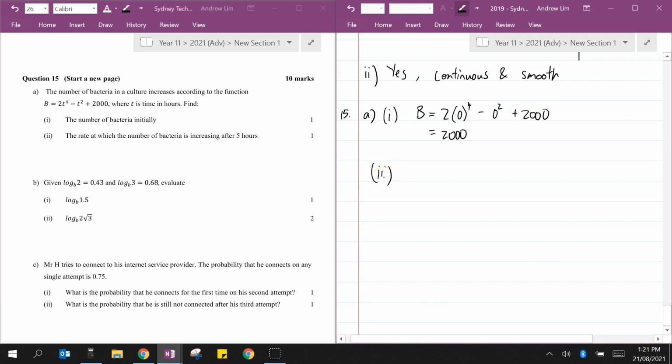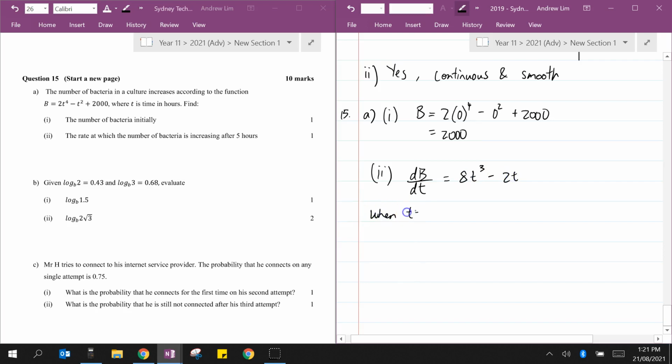Find the rate at which the number of bacteria is increasing after 5 hours. So in order for us to work out the rate, we need to differentiate the number of bacteria with respect to time. That's going to give us 8t cubed minus 2t.